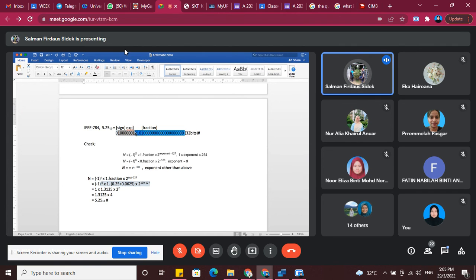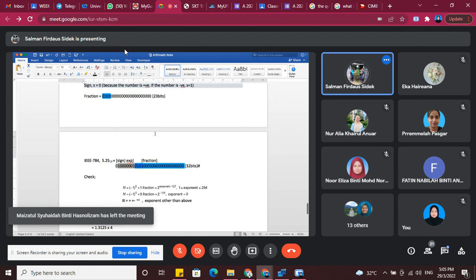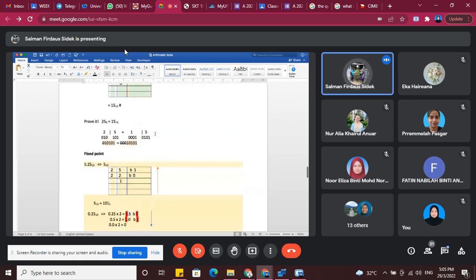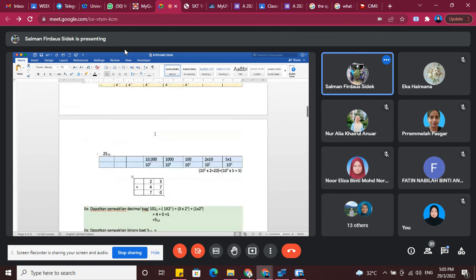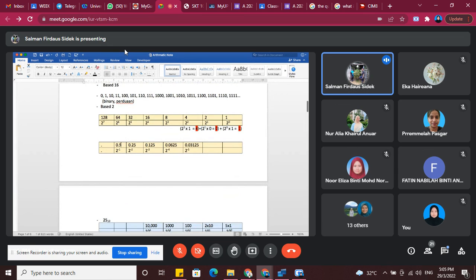If you want to convert to decimal, we need to refer to the table just now. 0101. So 1 is 0.25 and 0.0625. So add these both numbers.